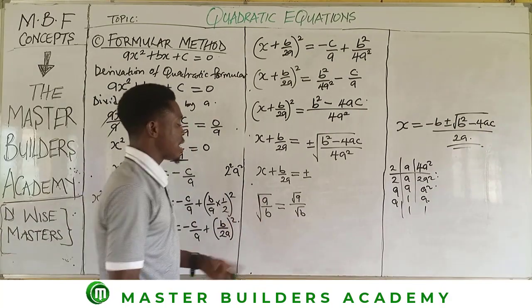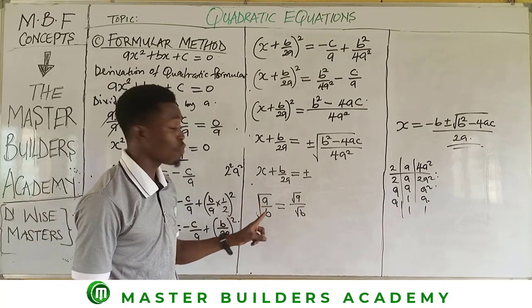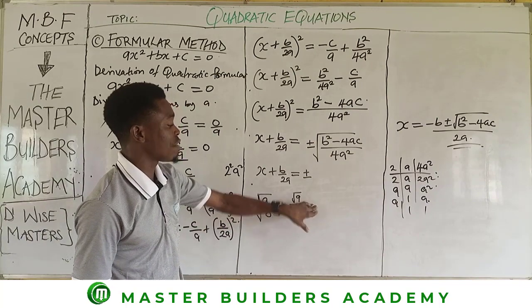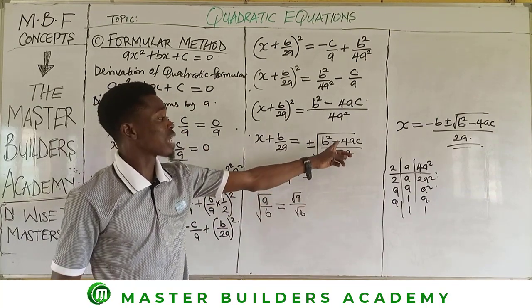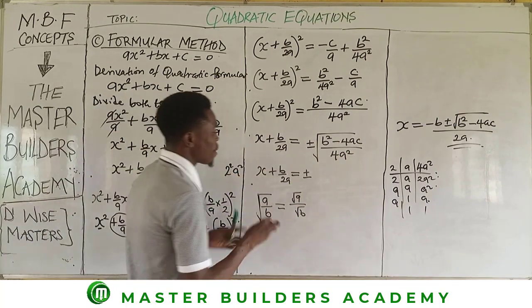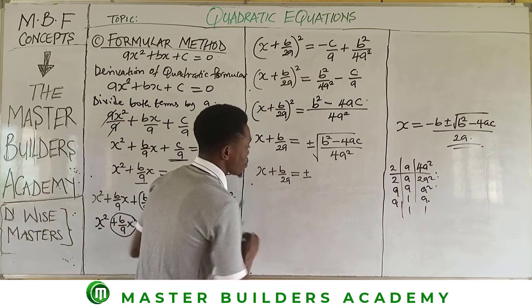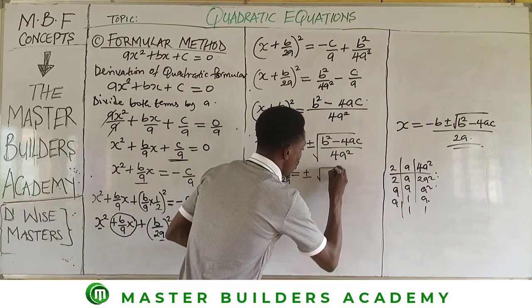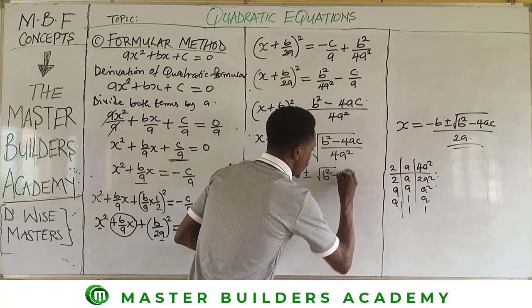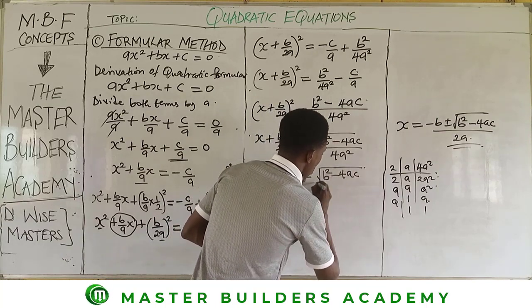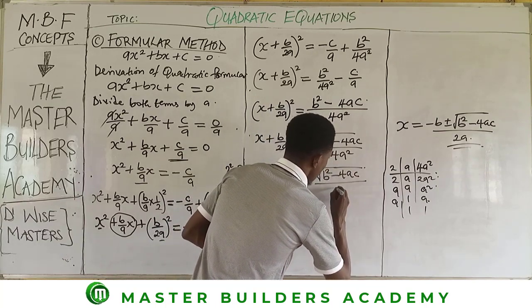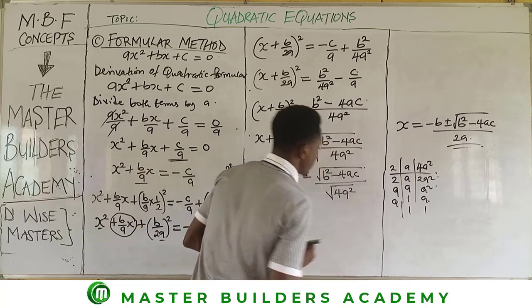So what we simply do here is we will share the square root for both the numerator and the denominator, and we have this. So if this is true, that means we can equally apply that theory here by simply having this equation as the square root of b squared minus 4ac all over the square root of 4a squared.